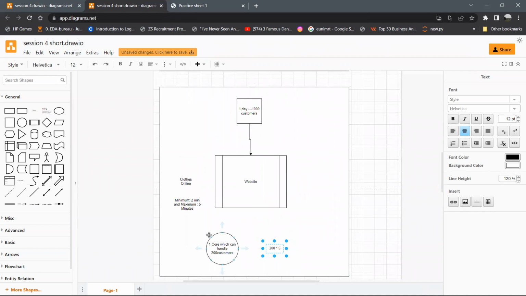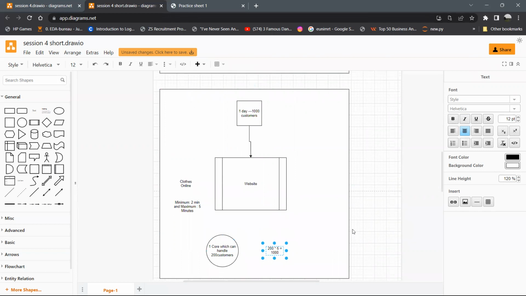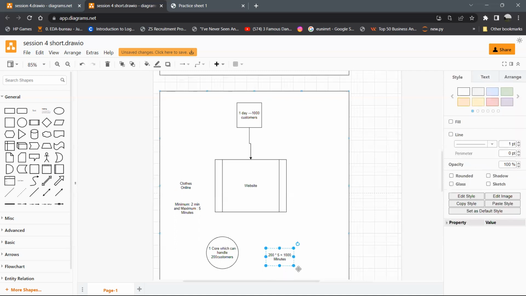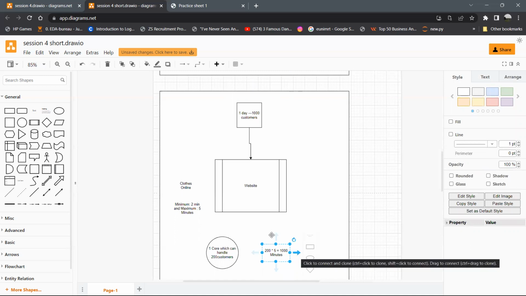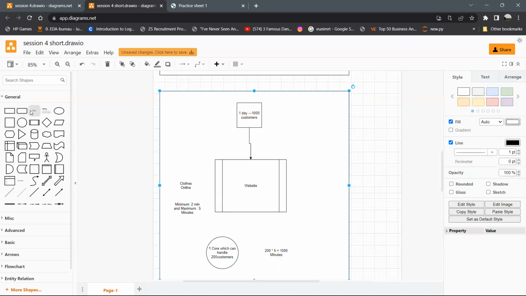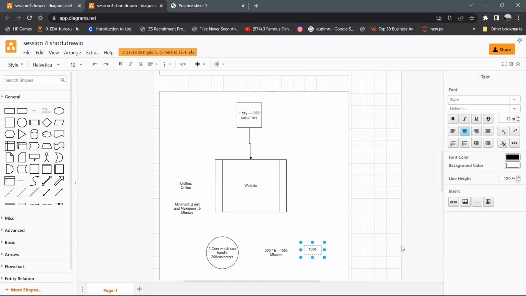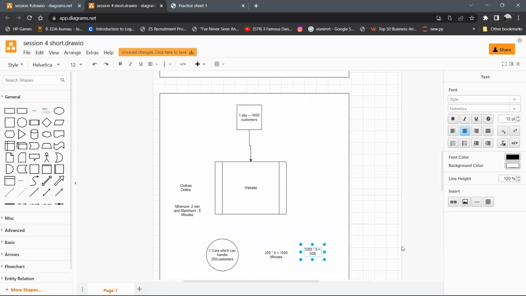Now the same thing we are doing here, we are taking 5 minutes, okay, and this will take 1,000 minutes. Okay, now this is for one 200 set of customers. Okay, now how much you are having in total? 1,000 customers, so it will be nothing but 1,000 times 5, which is 5,000 minutes.